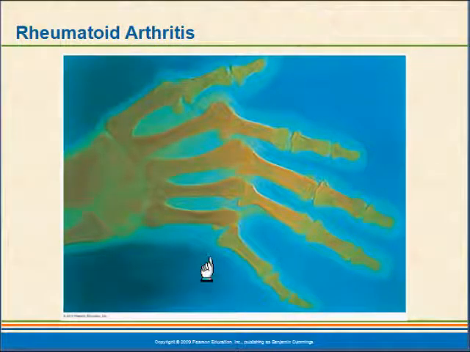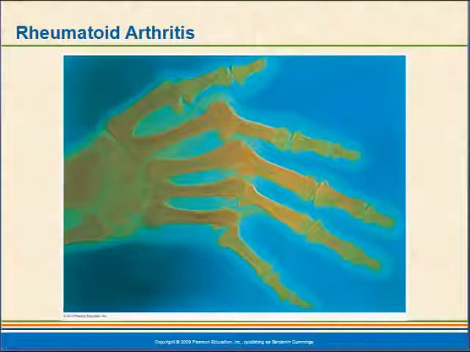And what happens is that the cartilage gets destroyed, you get kind of bone against bone, and the bones actually will fuse if you don't keep moving them. And they can get into some fairly distorted conditions. So this bone and that bone have fused to become one bone, as has this one and this one, the distortions here.